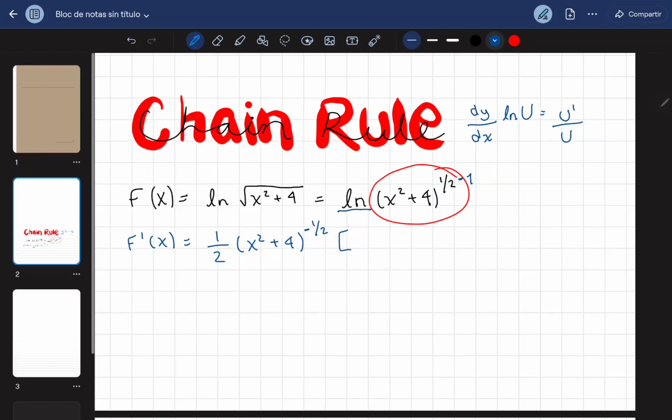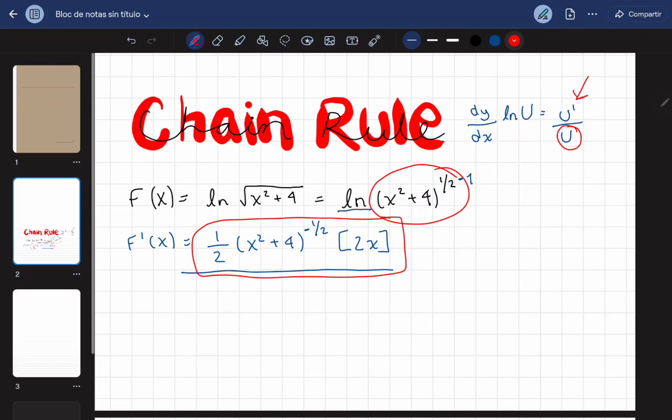This multiplying the derivative of the inner term, which is 2x. And this divided by what? By this one in here, the u. Remember, all of this part in here is just the derivative, the u prime. So this is divided by u, which is x squared plus 4 to 1/2.